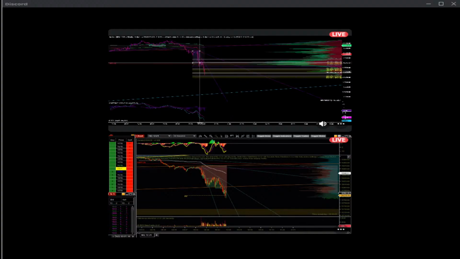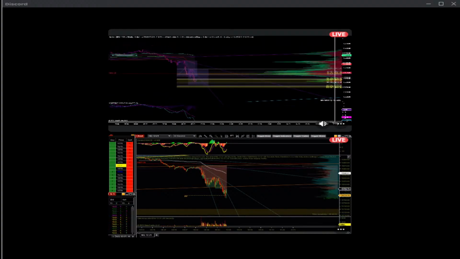See if we break this trend here to the upside. Maybe a retest of this downtrend.